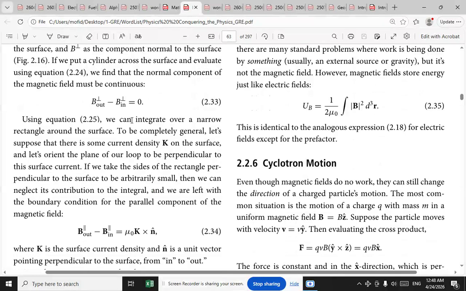Let's suppose that there is some current density K on the surface, and let's orient the plane of our loop to be perpendicular to the surface current.